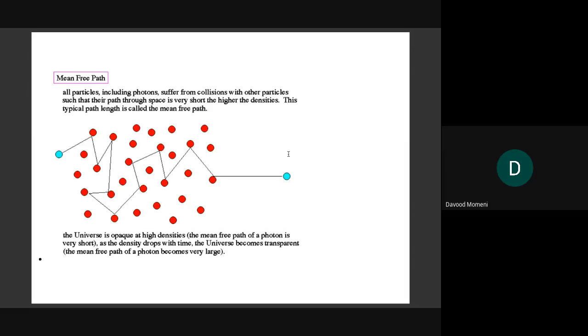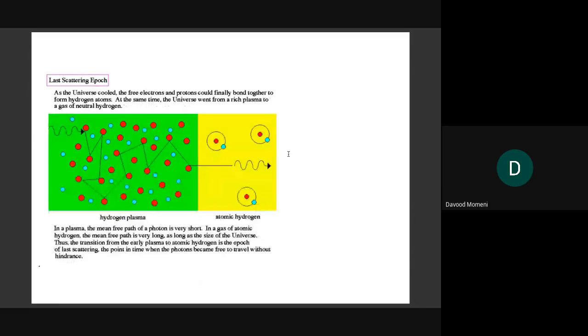So I want to combine all of this in history. When the universe cooled, I mean when the temperature of any stellar system goes below certain special values, the free electrons and protons can finally bond. They bond with each other and make atoms, and we have a hydrogen plasma.